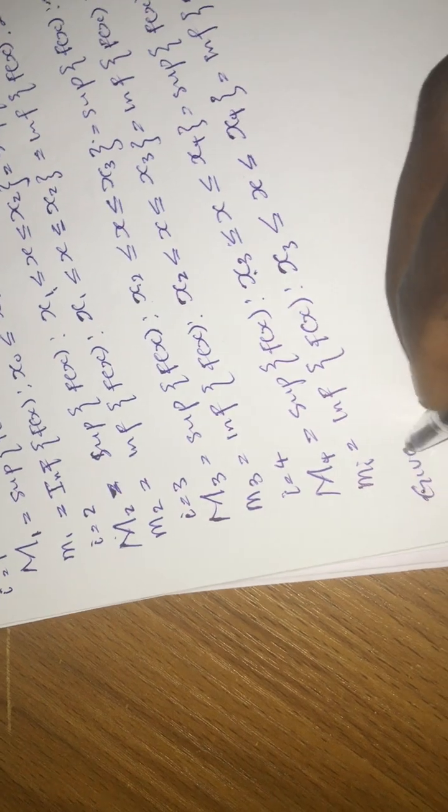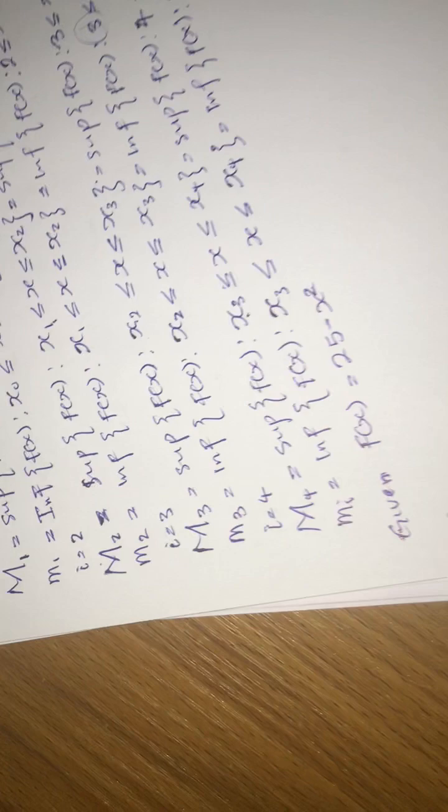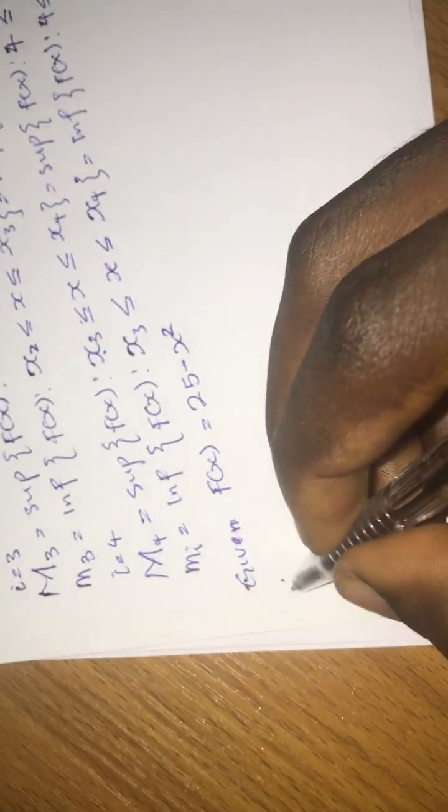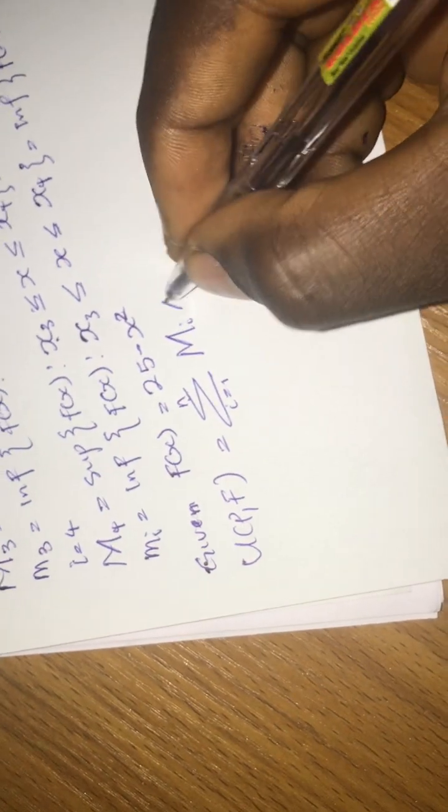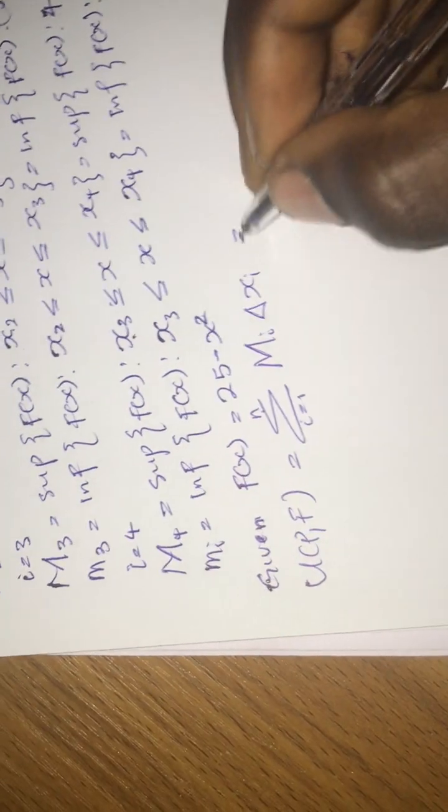Now recall that we are given a function here. This is our function: f of x is equal to 25 minus x squared. Now by definition, our upper Riemann sum U of f is the summation from i equals 1 to n of Mi delta xi. Our n is 4 because we can't start from 0.